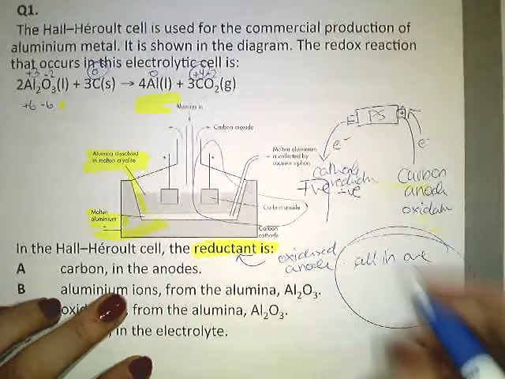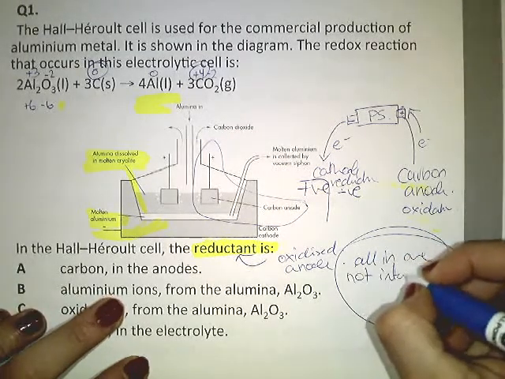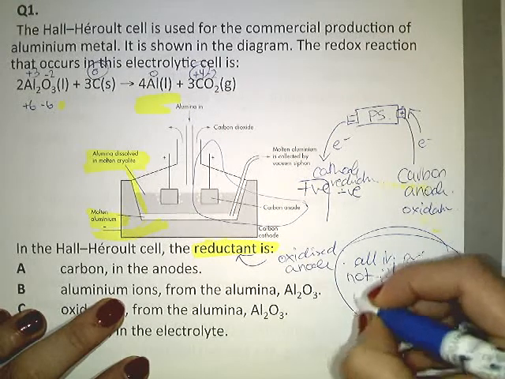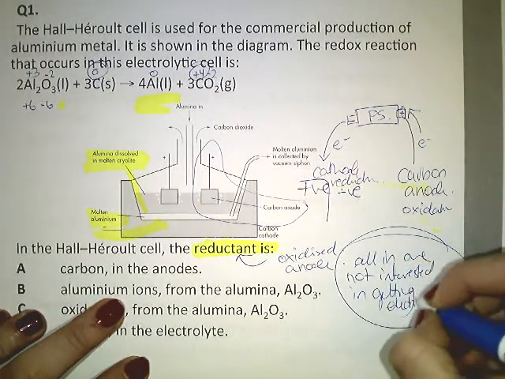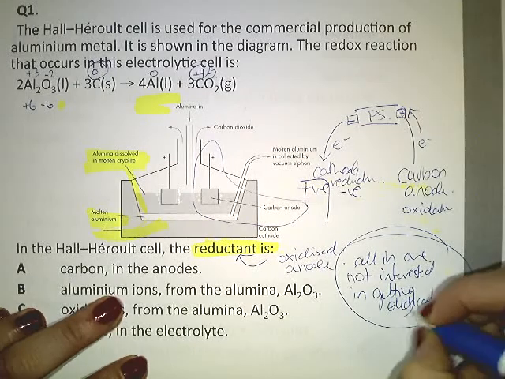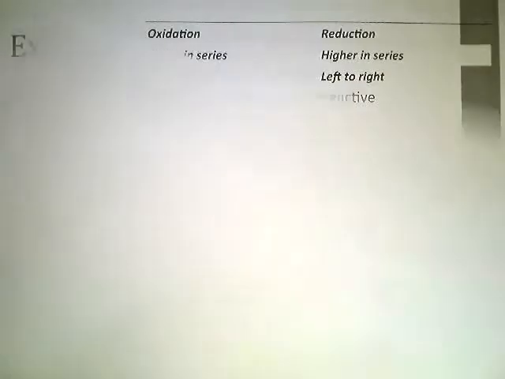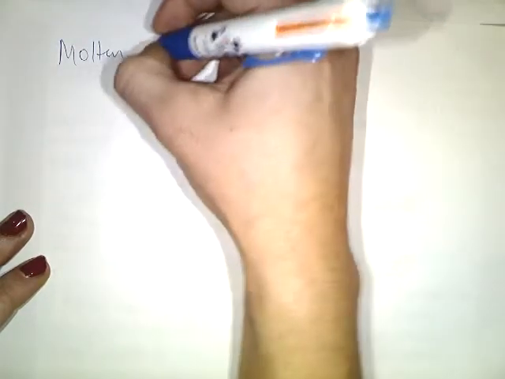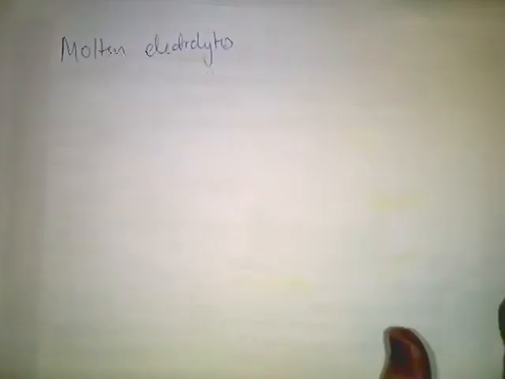The main reason for that is because we're not interested in getting electrical energy. So what's the point of separating the two cells? Now the problem is a lot of the times we use molten electrolytes, and I'll tell you why.